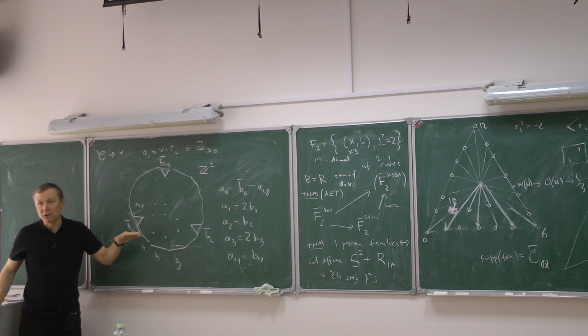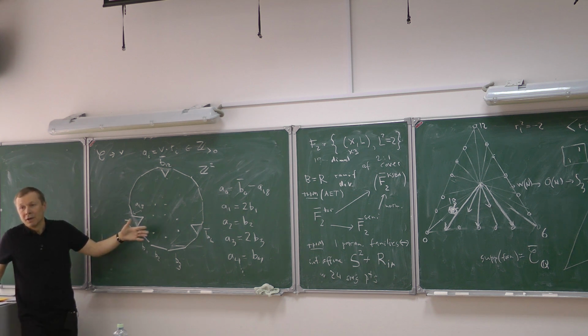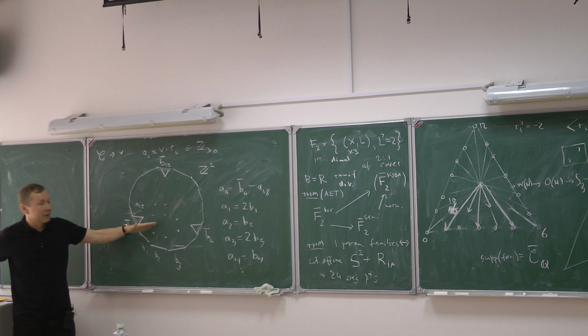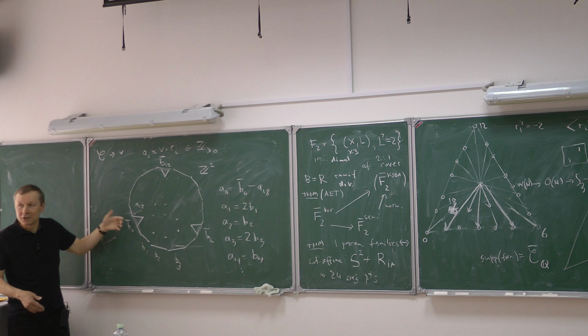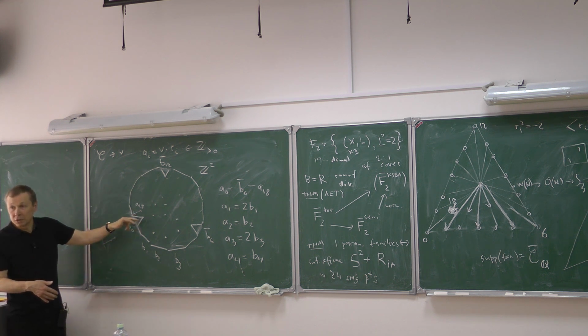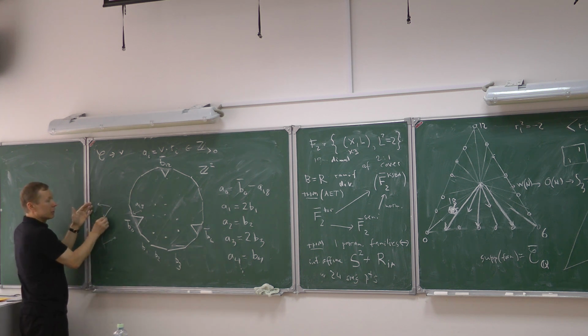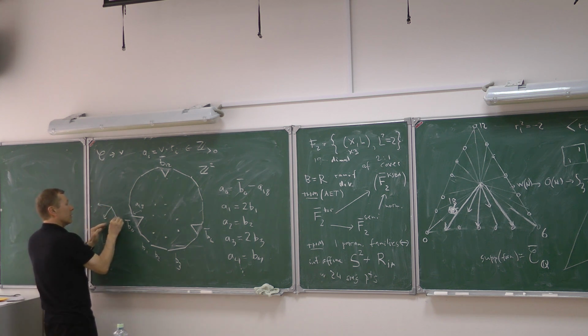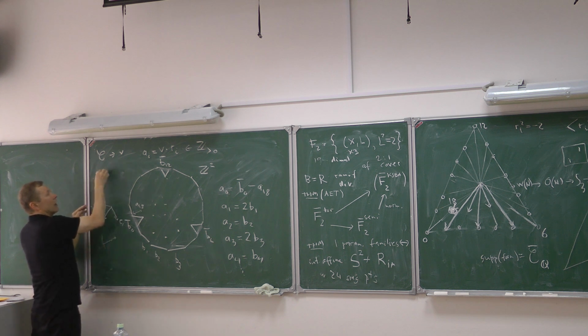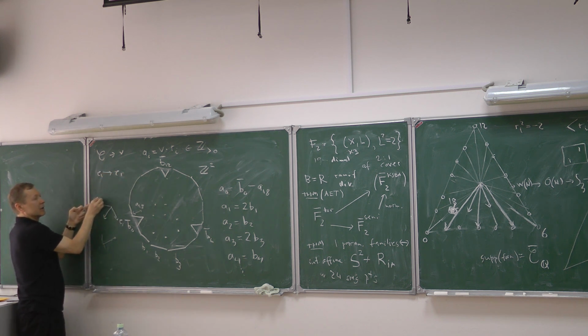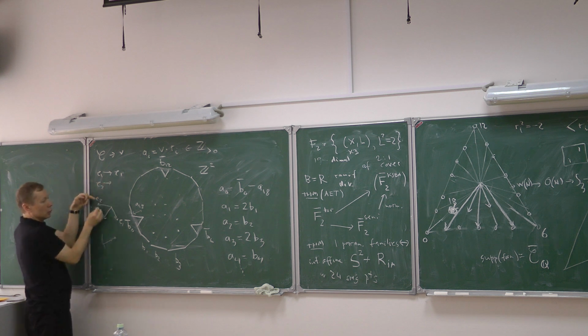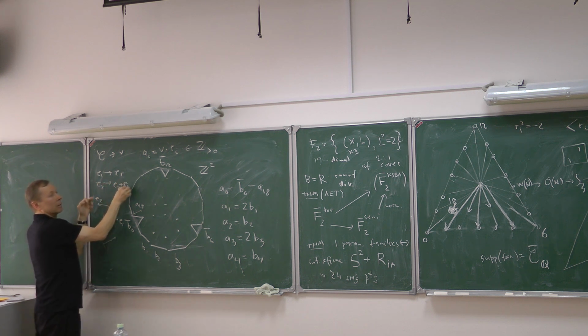So this is what integral-affine structure is. Locally, there is a Z2. But if you go around the singularity, then there is a monodromy. This monodromy is an element in SL2Z, and in this case, it's the monodromy which sends the vector E1 to E1, and sends the vector E2 to E2 plus E1.